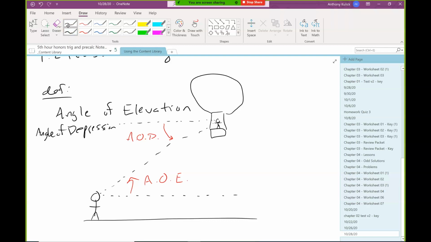So again, an angle of depression is the angle between their line of sight and whatever they're looking down at. And the angle of elevation is from their line of sight to whatever they're looking up at.